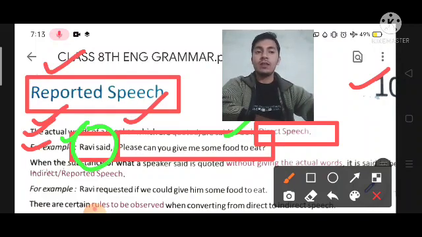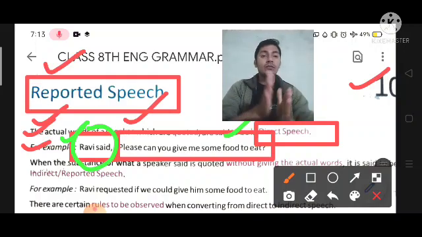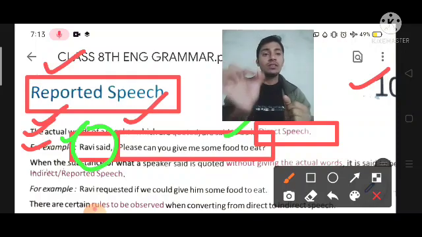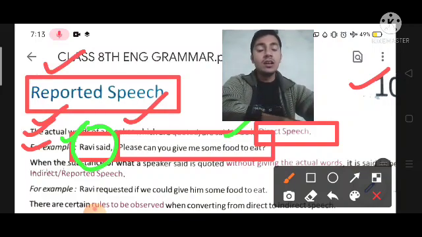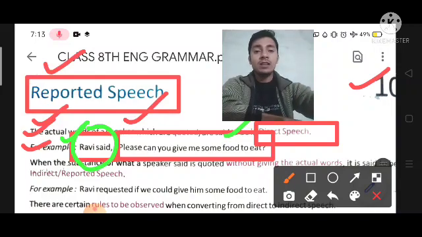Okay, you will never be confused over here, you will understand clearly that the part in which the speaker is mentioned, the name of the speaker, you can say Rabi said. Over here a report is said by Rabi. यानी कोई भी बात किसके द्वारा रिपोर्ट की जा रही है? Ravi के द्वारा. So this part is called reporting speech.